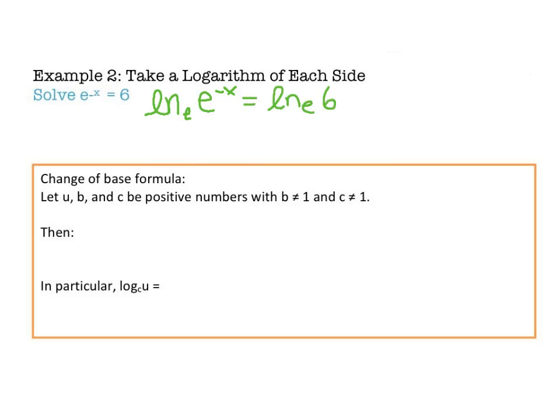Now, these will cancel each other out. And so all I'm left with on the left is that negative x. So negative x. And here I have the natural log base e of 6.